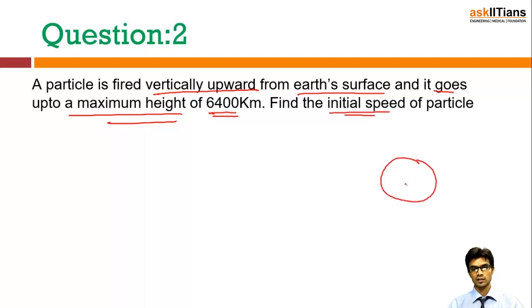This is the Earth, and initially the object is at h equal to 0, so the distance is R_E. Finally, this is the height of 6400 kilometers, the final position.